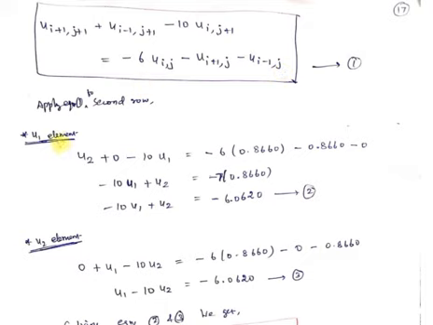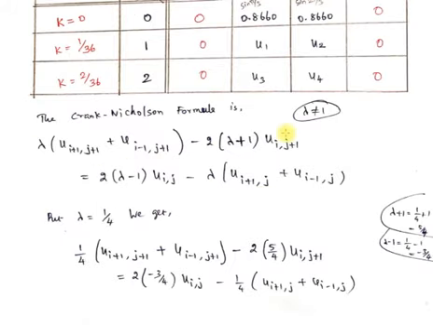So apply the equations to the second row. For the u1 element, we use these conditions.